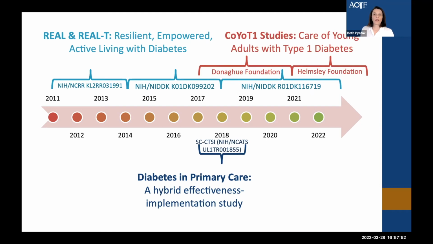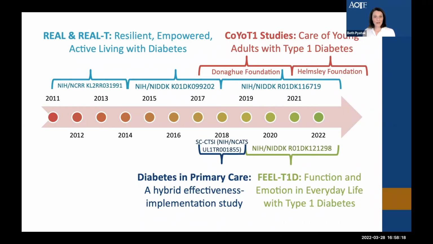A third research line that I have been engaged in is based on developing new care models for young adults with type 1 diabetes. And COYOTE stands for Care of Young Adults with Type 1, and it was started by my colleague and friend, Dr. Jennifer Raymond. And we've been working on changing models of care to better serve the needs of young adults with type 1 diabetes.